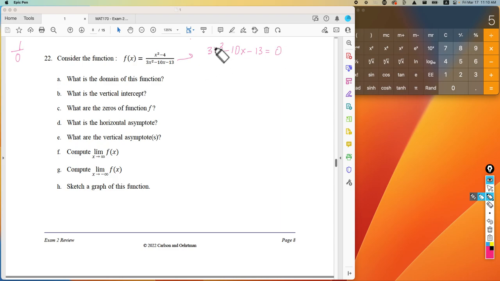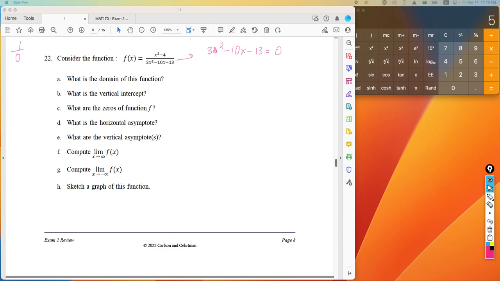Now, we could factor and then set it equal to 0. Another quick way to do it is to use your graphing calculator. We could graph this and find the x-intercepts, because the x-intercepts of just the denominator will give us where y equals 0.